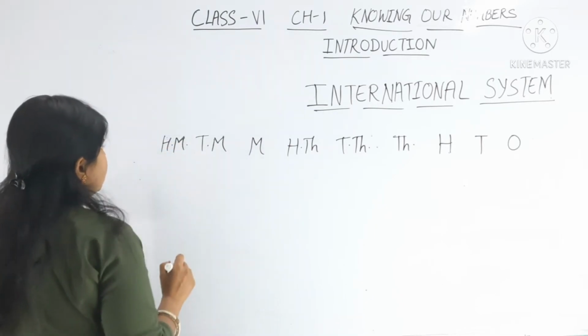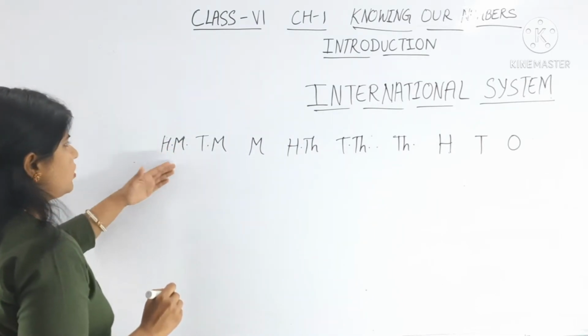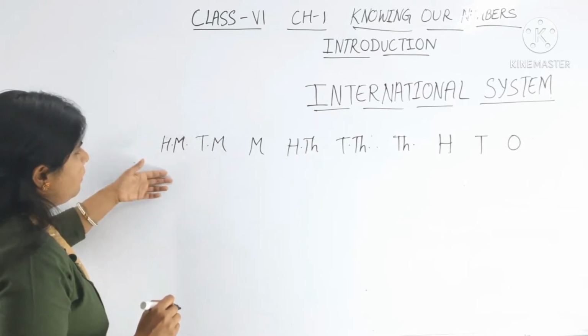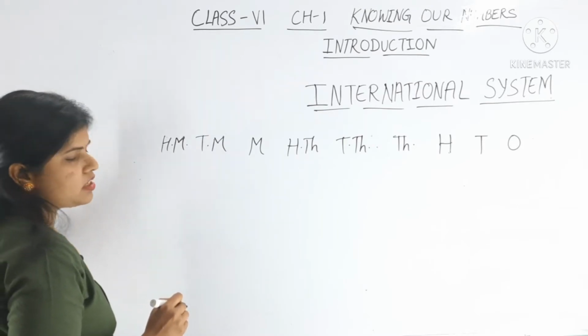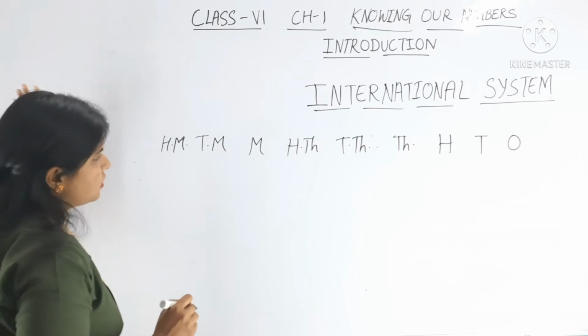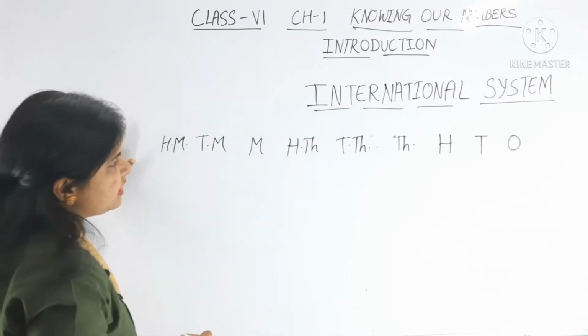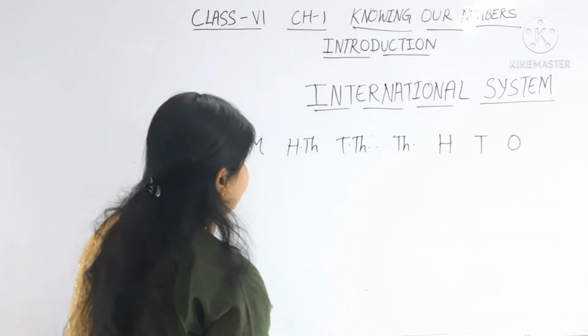Then again after this billions, 10 billions, 100 billions, then trillions, like that. This is the international system.